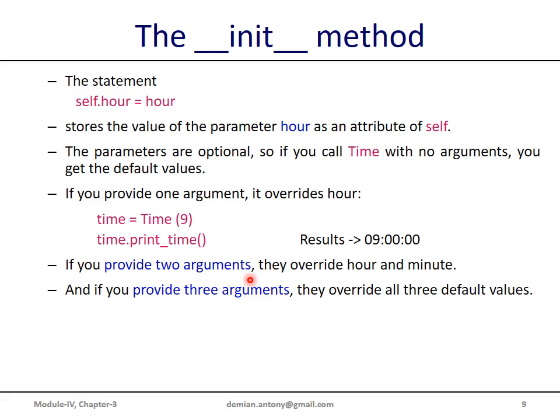And if you provide two arguments, they override hour and minute. Hour gets the value as well as minute, and the second stays default. And if we provide all three arguments, all the default arguments are overridden with the actual values present in the method call.